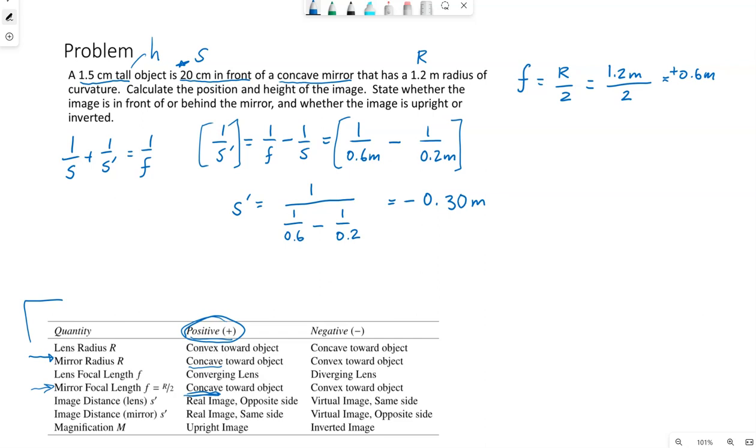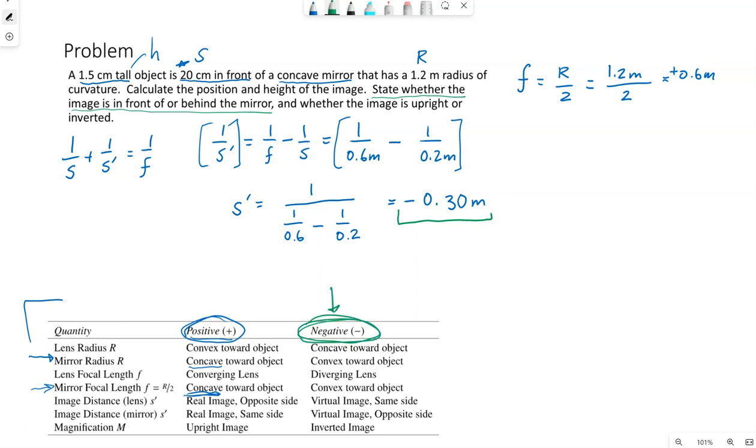All right, so we want to make sense of this answer, and that's part of the question. That's partly why it says to state whether the image is in front of or behind the mirror, and whether the image is upright or inverted. We still need to find the height, which we'll do in just a minute. So S prime being negative has a specific meaning. Again, this table at the bottom is going to come in handy.